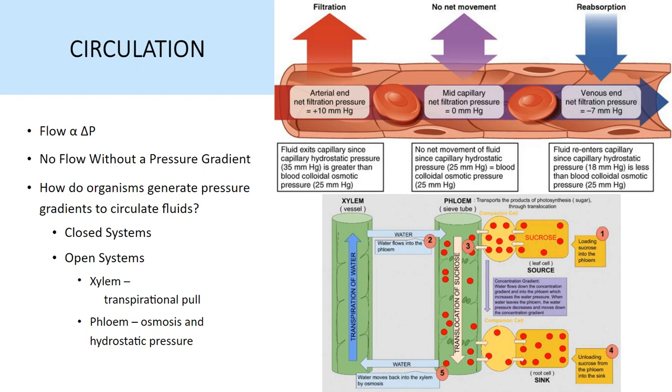In plants, the sugars that are produced in the leaves via photosynthesis are pumped into the phloem, which creates an osmotic gradient that pulls some of the water out of the xylem and into the phloem. This increase in phloem volume helps create that hydrostatic pressure again, that pressure gradient that drives fluid flow through the phloem. Again, we are taking the specifics of fluid transport in very different organisms to illustrate larger concepts associated with fluid flow.